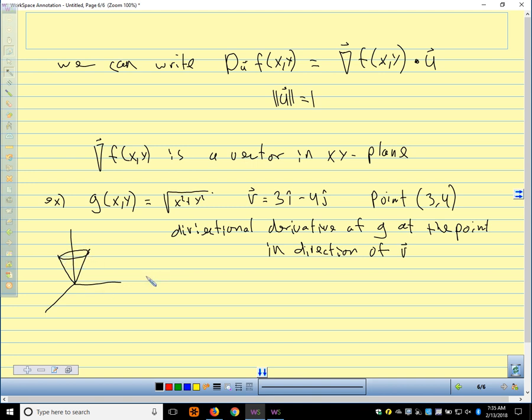So there's a cone. v is 3 i hat minus 4 j hat. So our vector is going off in this direction. We're on the surface at point 3, 4. So there's our point, and we're walking along the surface in this direction. We want to know what is the rate of change of our z value, our height, as we walk in that direction.